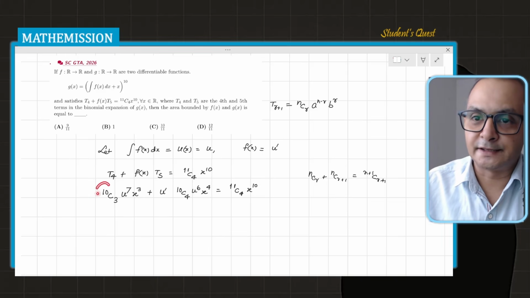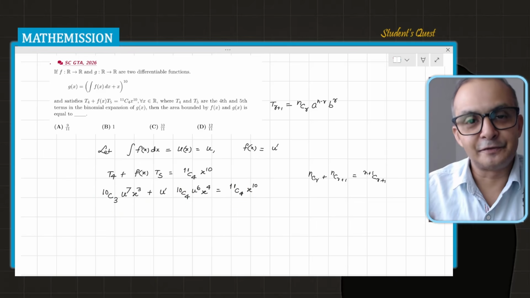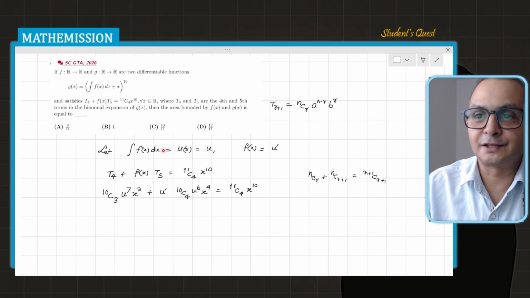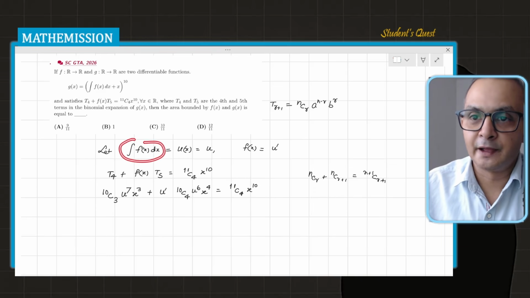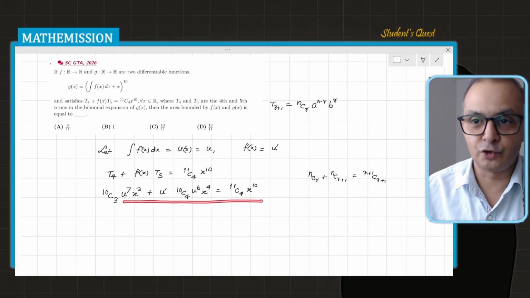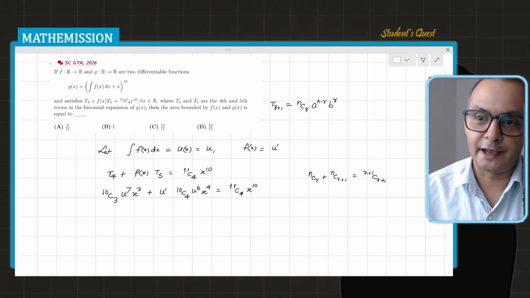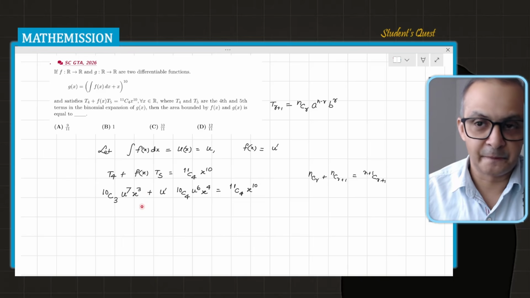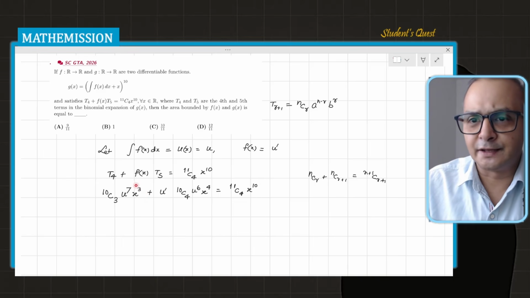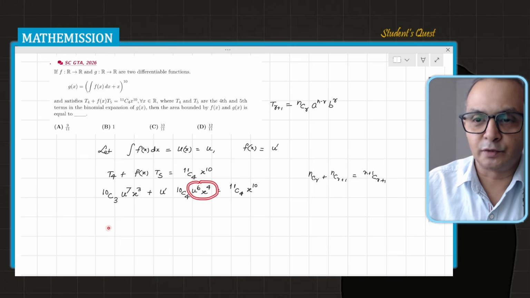So this is 10C3, this is 10C4, so it will become 11C4. Now if you can guess the value of u, this entire integral, to make this equation consistent, then we don't have to go into the calculation of a differential equation. How can we guess it? You need that this entire power must be 10, so that it will match here.